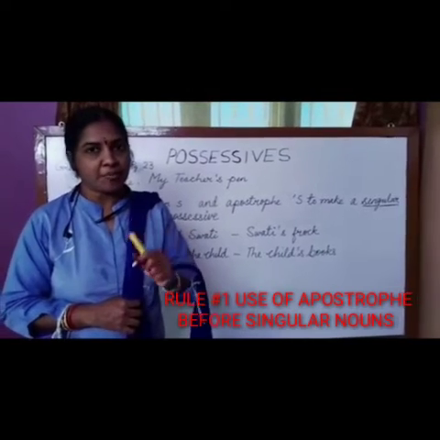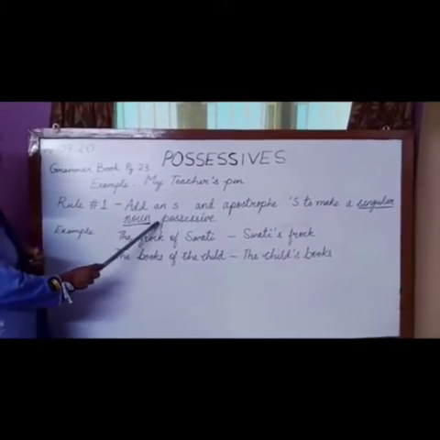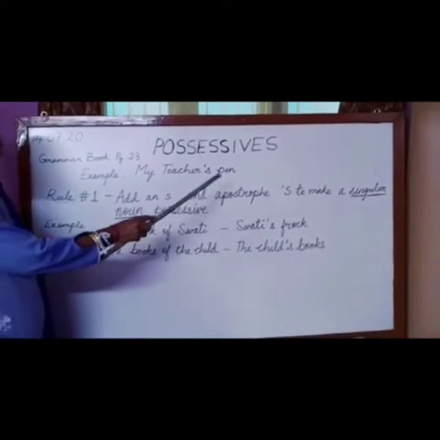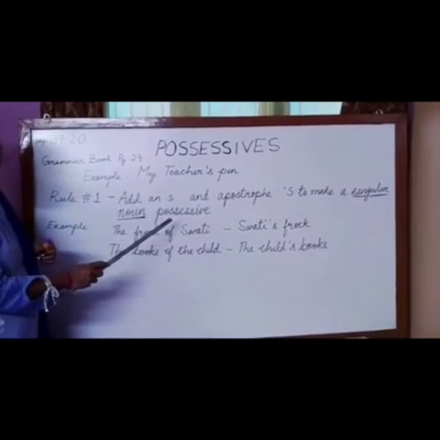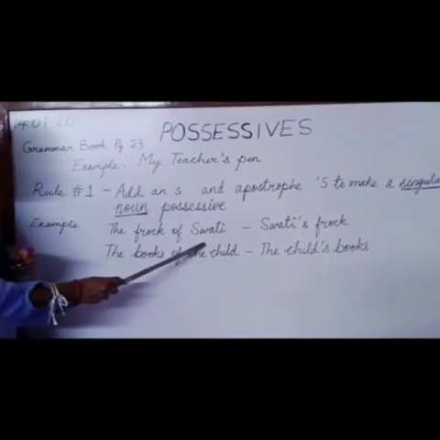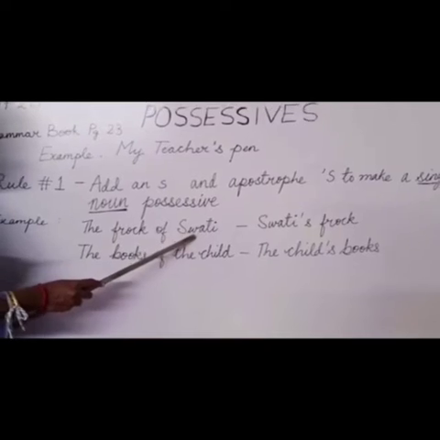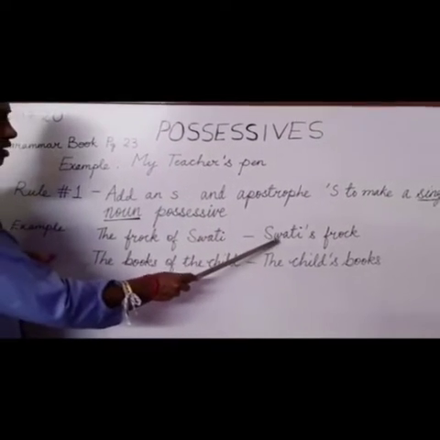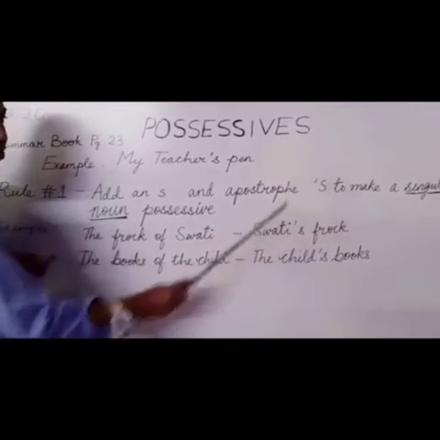Here you have to add an apostrophe before S to make the singular noun possessive. Example, the frock of Swati. The frock belongs to Swati and Swati is the possessor. So, I am writing Swati, apostrophe S, frock.